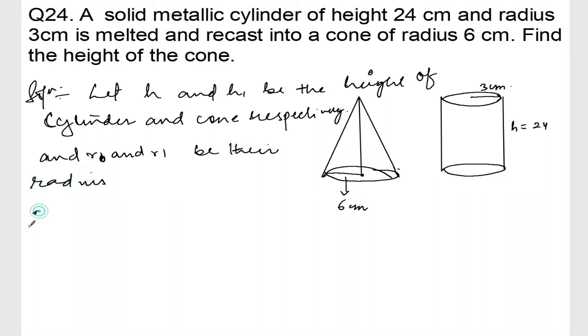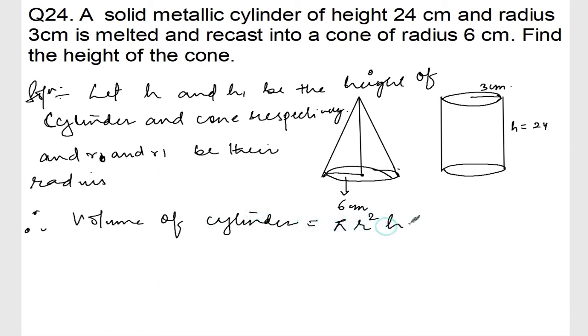So therefore volume of cylinder, what is the volume of a cylinder formula? Pi r square h, right? Volume of a cylinder will be equal to pi r square h. What is r? A solid metallic cylinder, height 24 and radius is 3 centimeter.